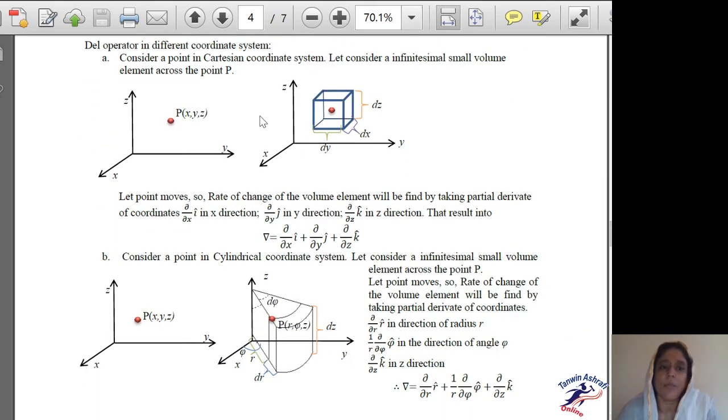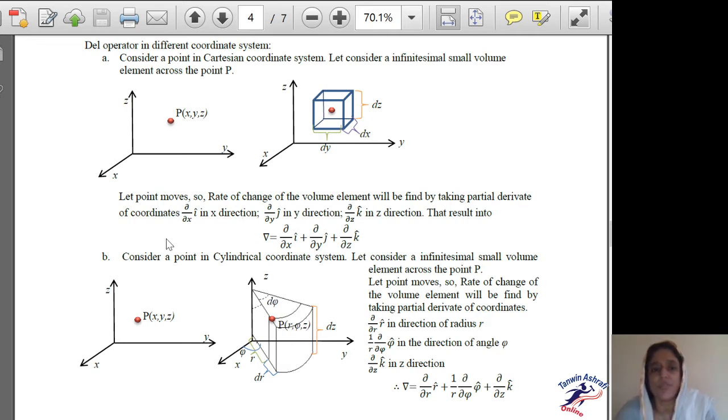Now, consider a point P in the Cartesian coordinate system. Let's consider an infinitesimally small volume element around the point P. Let point P move. The rate of change of the volume element is found by taking the partial derivative.